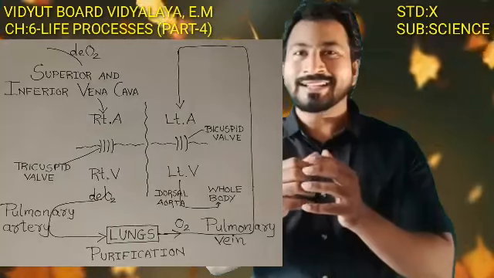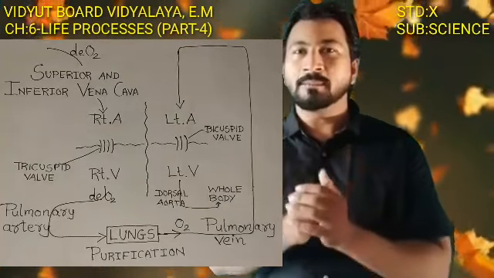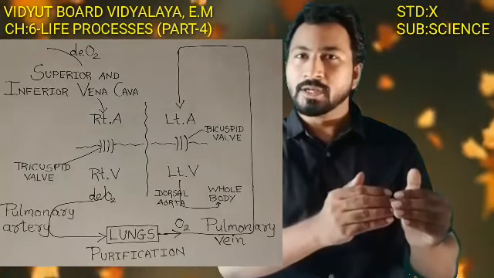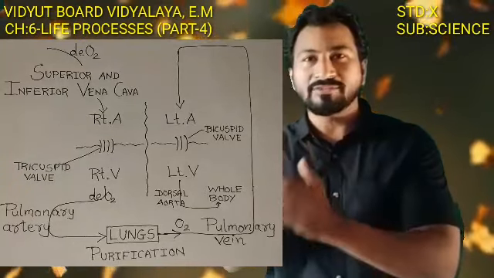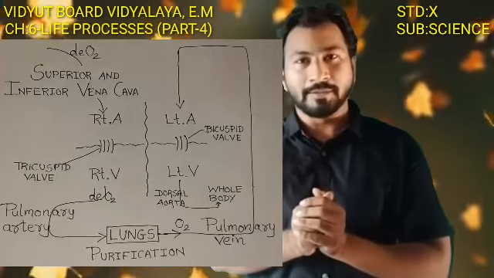So now the auricles are full of blood. They will contract, the valves will open, and so the blood will come from the right auricle to the right ventricle and from the left auricle to the left ventricle. Now the ventricles are full of blood.